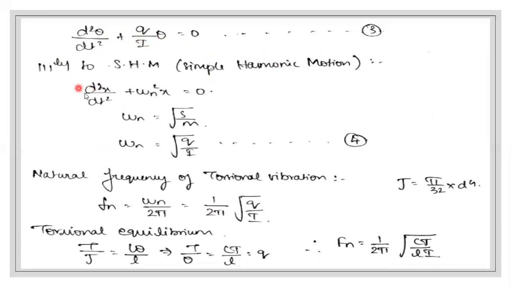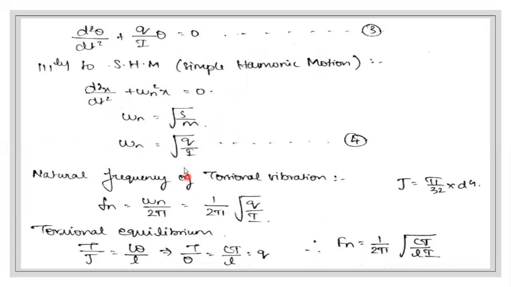We can compare this with simple harmonic motion. There what we got is d square x by dt square plus omega n square x is equal to 0. So we can replace omega n by root of s by m. We have already learned in detail in the equilibrium method for determining natural frequency for longitudinal and transverse vibration, so the same thing I am going to use now also.